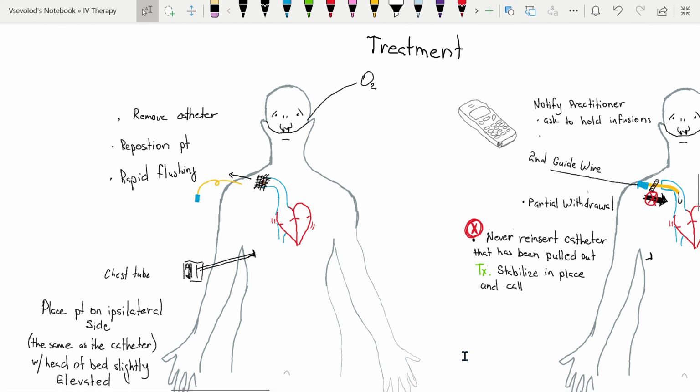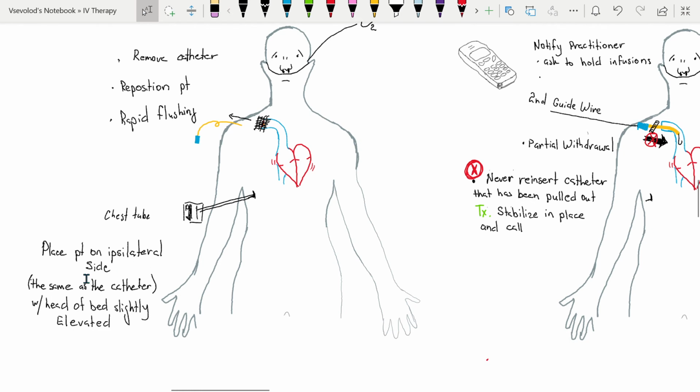If the catheter loops back into the axillary or peripheral veins, then repositioning of those catheters is highly unsuccessful. Catheters with simple looping into the subclavian, innominate, or internal jugular vein can often be repositioned by placing the patient in an ipsilateral position with the head of the bed slightly elevated.